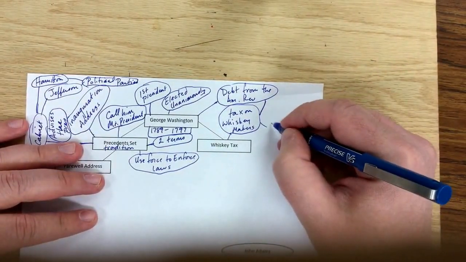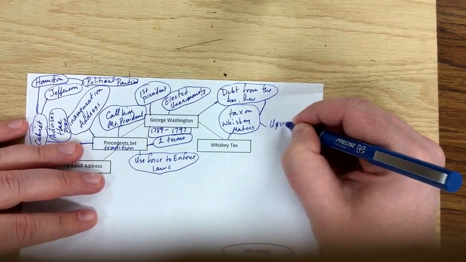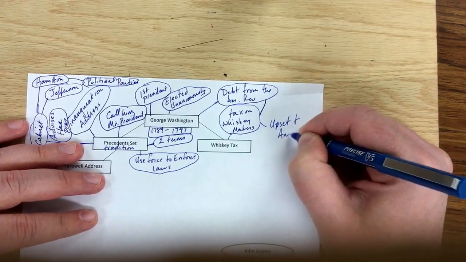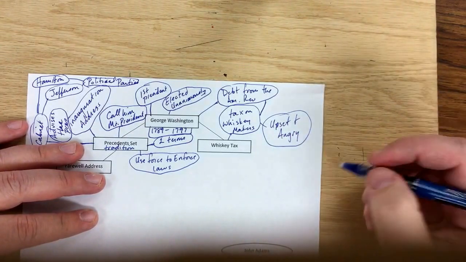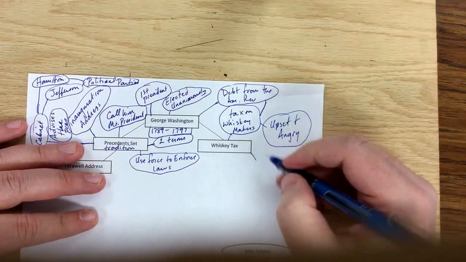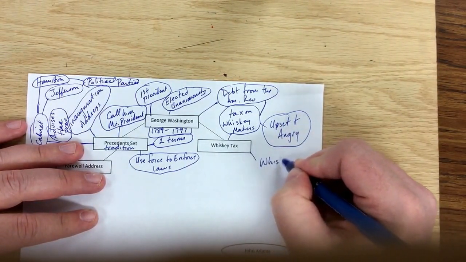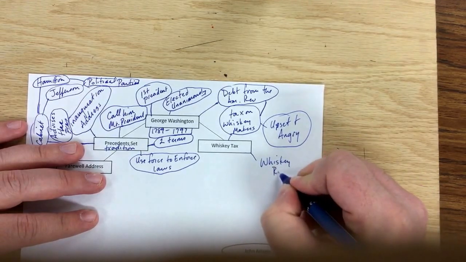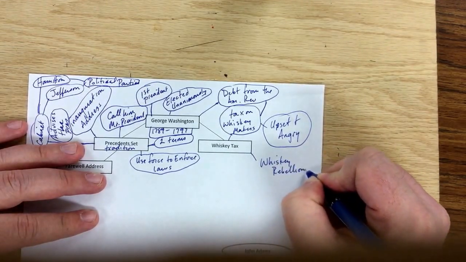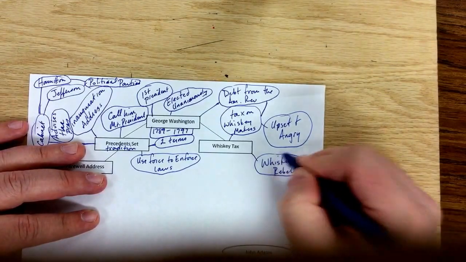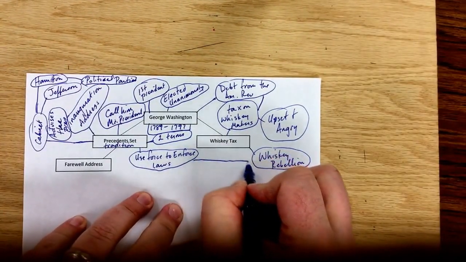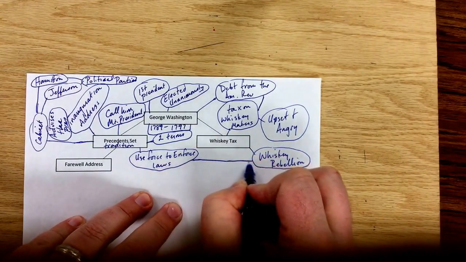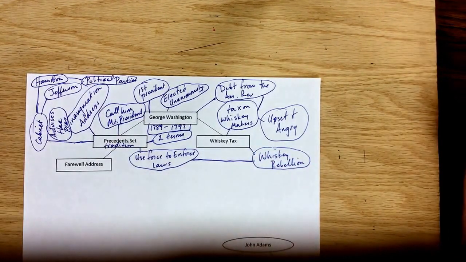Well, the whiskey makers get upset and angry, and they want to start a rebellion, and we call that the Whiskey Rebellion. This is where using force to enforce laws comes in, because Washington puts down the rebellion.